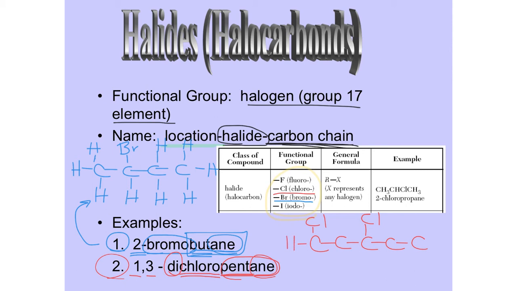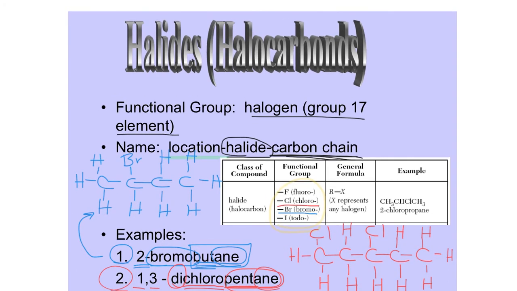Then we go back, we add in enough H's so that all of my carbon atoms have 4 bonds total. The chlorines do not get any hydrogen atoms because the chlorines have 7 valence electrons, so they only make 1 bond. If I needed to do the molecular formula for this one, the molecular formula would be C5H10Cl2. So you would insert the chlorines at the end of it.